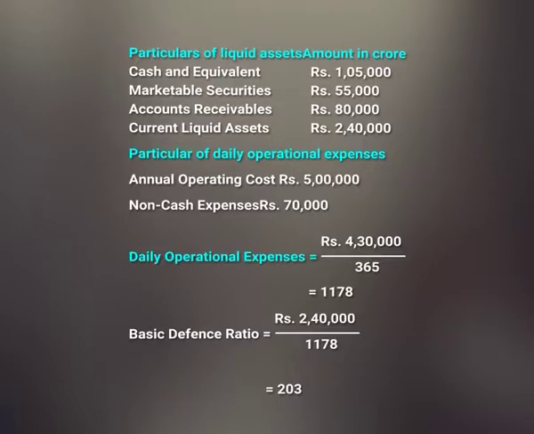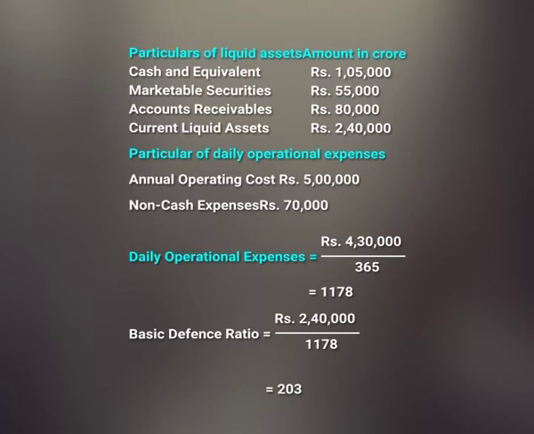Now, particulars of liquid assets are given to us on one hand, and on the other side we have an amount. So, cash and equivalent rupees 1,05,000, marketable securities rupees 55,000, accounts receivables rupees 80,000, current liquid assets rupees 2,40,000. Then we have particulars of daily operational expenses.